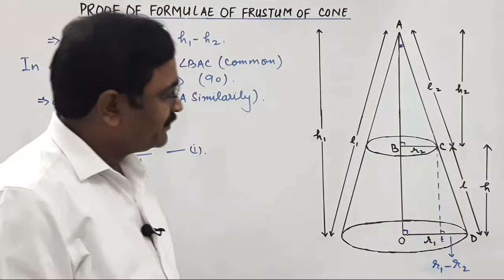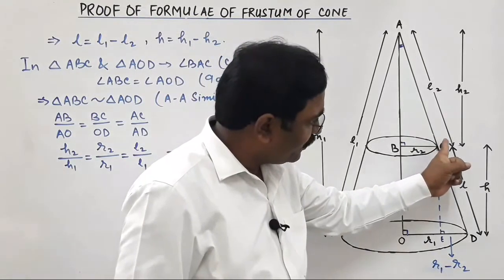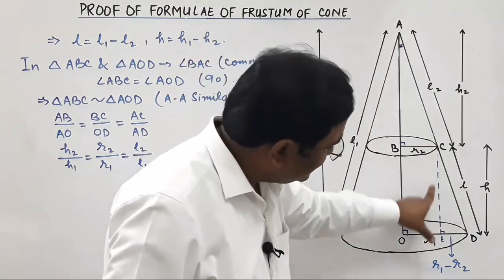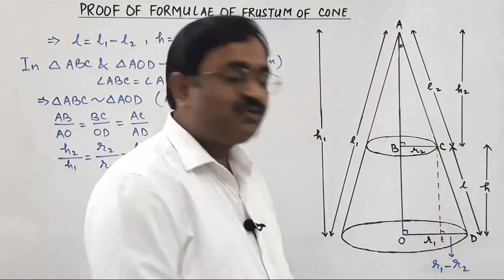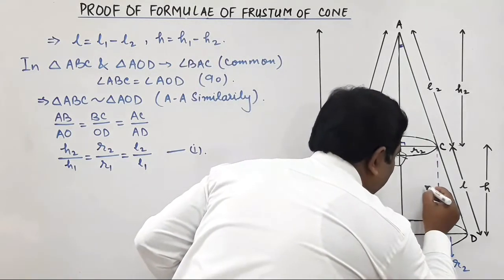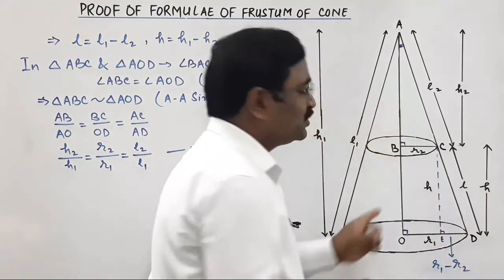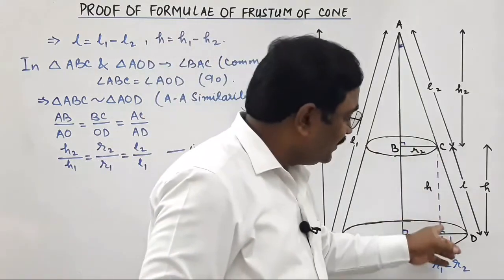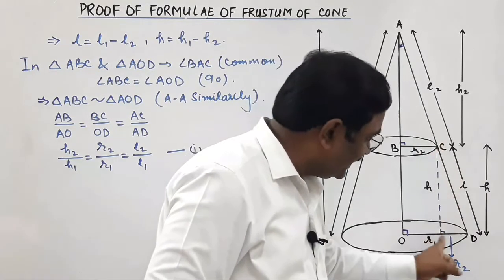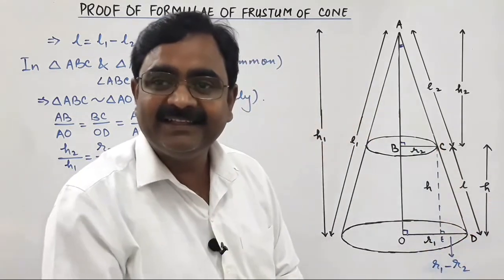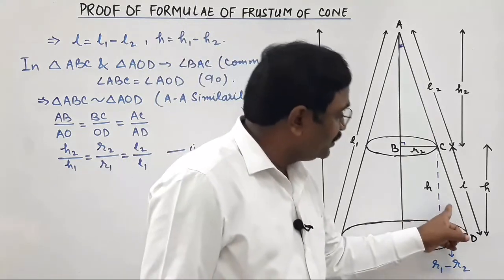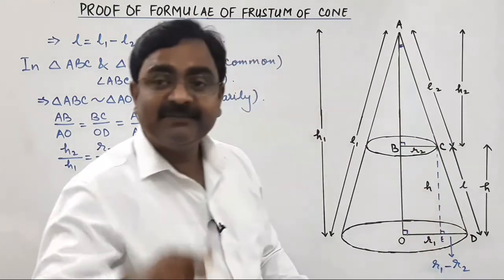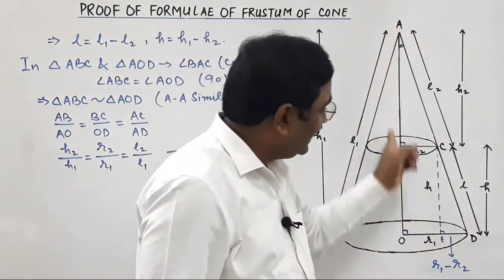Similarly, friends, if you draw a line from the point C parallel to AO, you will get this line CE, whose measure will be the height H, because it is the height of the frustum. Now after drawing this line, you will get one more triangle, CED. This CED will be similar to triangle AOD, and also similar to triangle ABC.